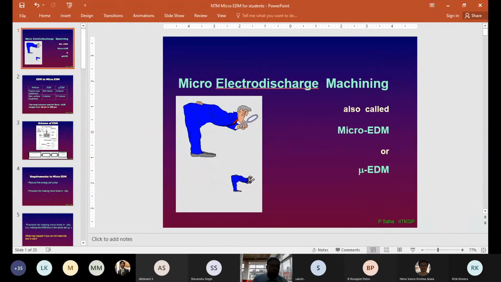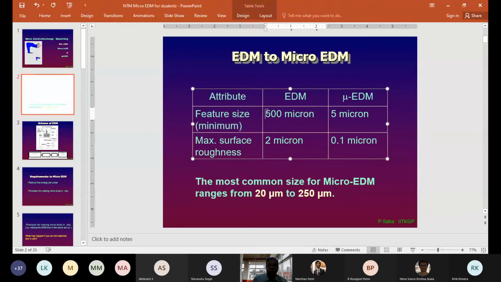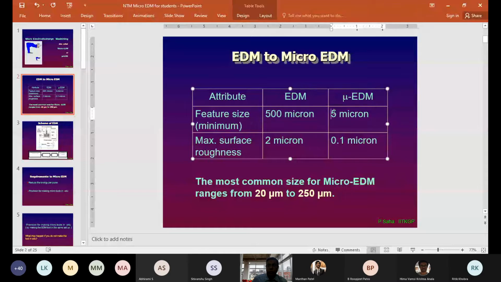Let's do a quick recall. If you compare bulk EDM, which we have earlier studied, and micro EDM, the difference is in feature size. The minimum feature size for bulk EDM may be around 500 micron, and for micro EDM, which I am going to learn, it is only 5 micron.